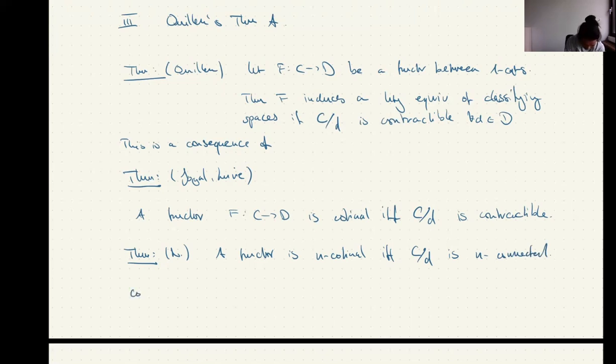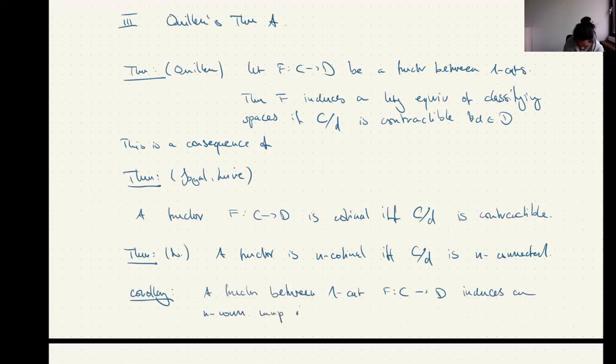And then from this you get a corollary: a functor between one-categories induces an n-connected map of classifying spaces if this slice category is n-connected.